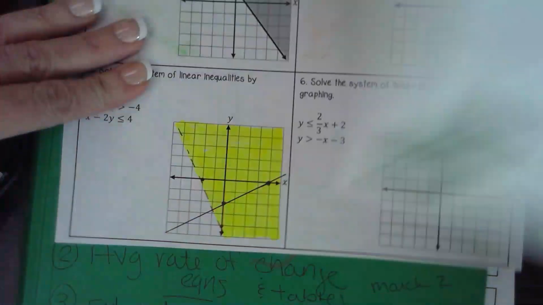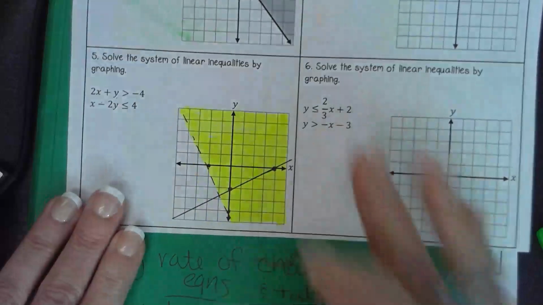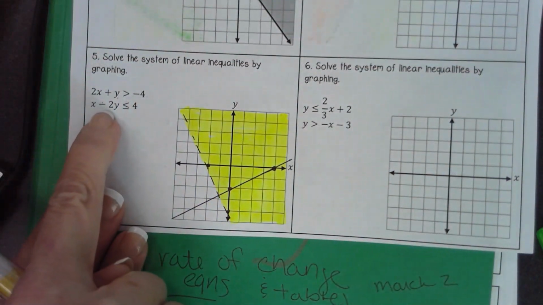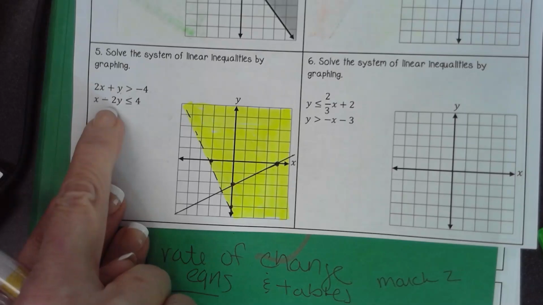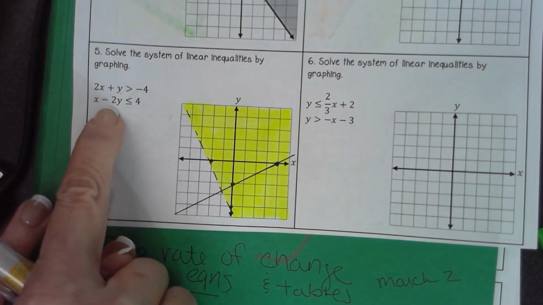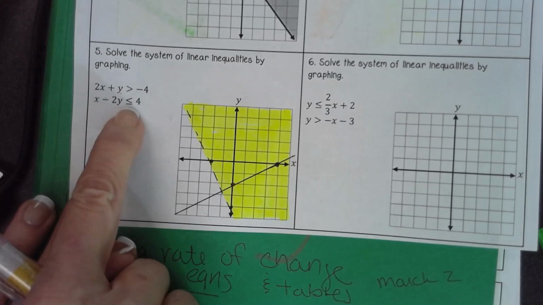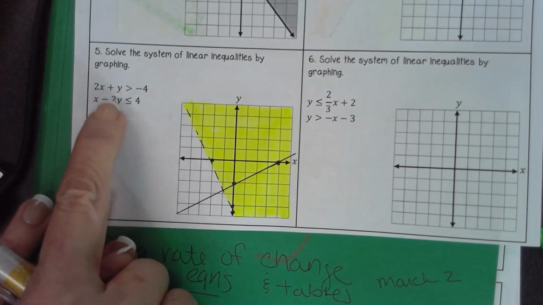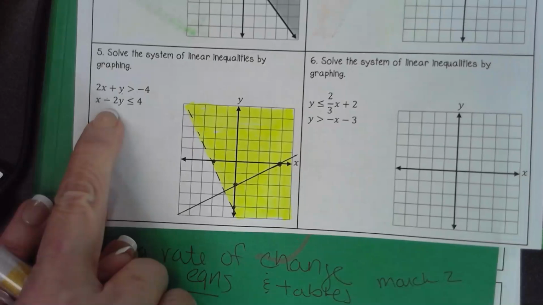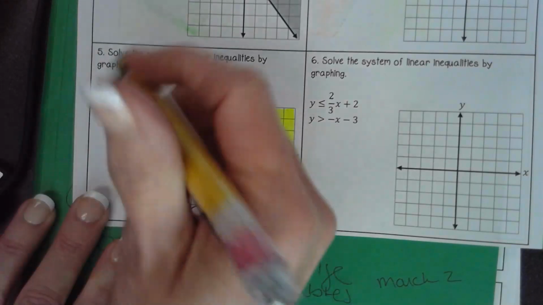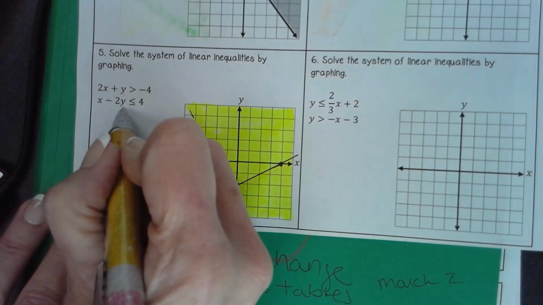Now, this is why I wanted to do this problem. If you remember what we talked about, the golden rule is if I end up having to divide by a negative number, the inequality symbol switches direction. So I'm going to show you this by converting this to slope-intercept form. Remember, slope-intercept form is when y is by itself.